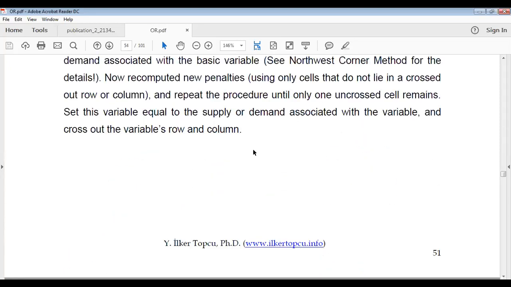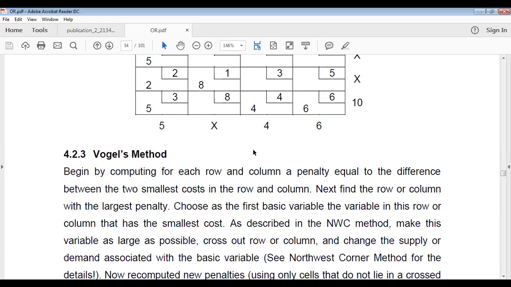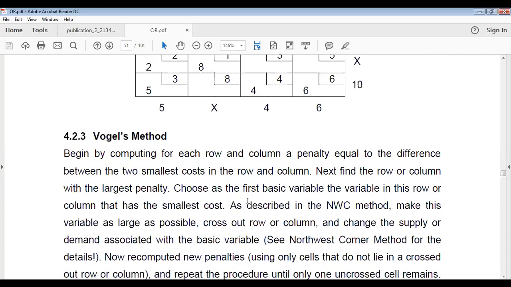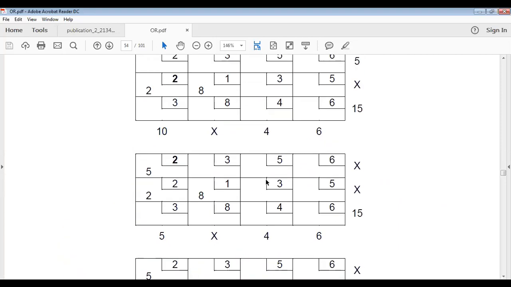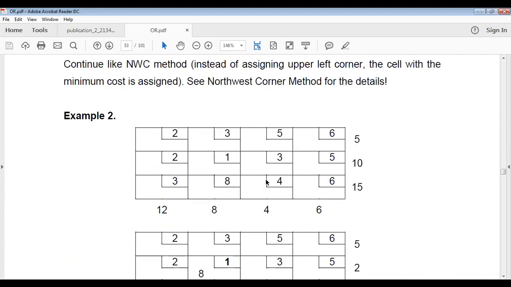Through this penalty method, or Vogel's approximation, what is the cost of transportation? Least cost, what is the cost of transportation? And again, northwest corner rule, what is the cost of transportation? Among these, generally least cost, or sometimes penalty method or Vogel's approximation method or VAM method will result in the least transportation cost.